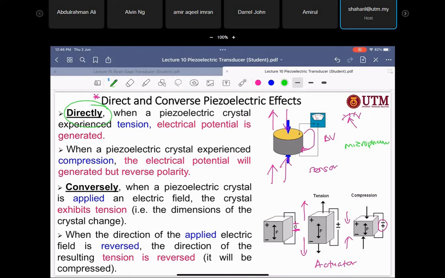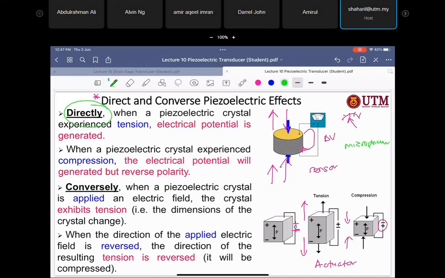When you talk, your audio gives a force to the microphone, the piezoelectric material converts it into voltage, and that voltage is amplified and then converted into audio again.